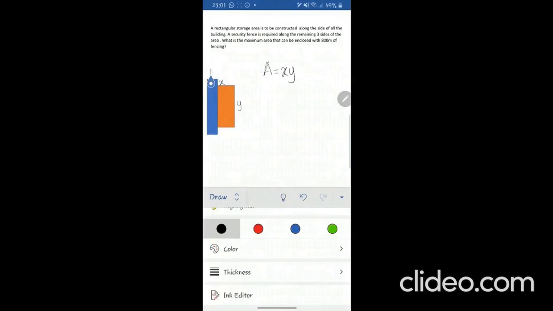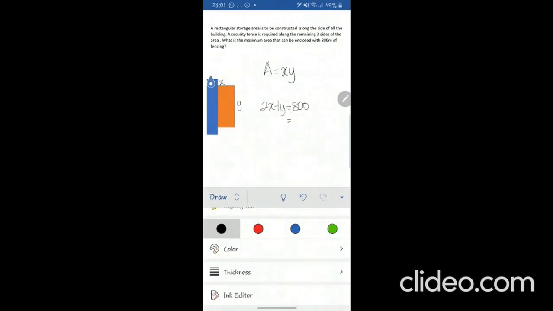As we know, 2x plus y will get 800, like the question given, 800 meter. So we need to write it 2x plus y equal to 800.